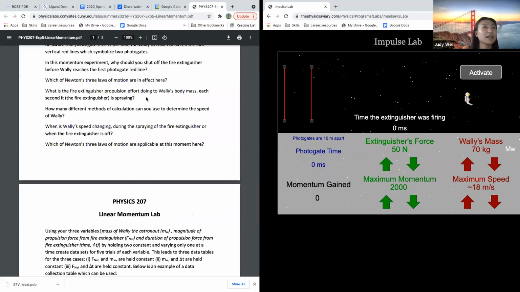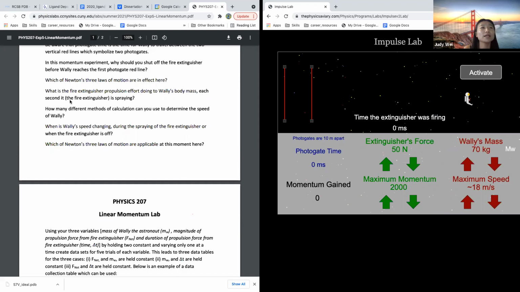I don't think they ask anywhere why we have to use the flare extinguisher for propulsion, though I remember something.